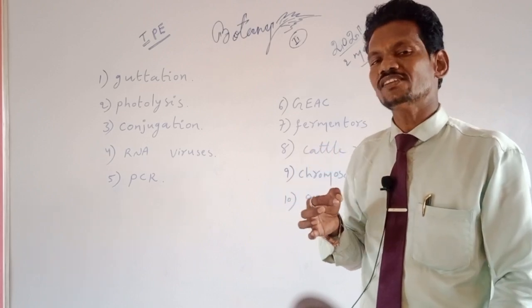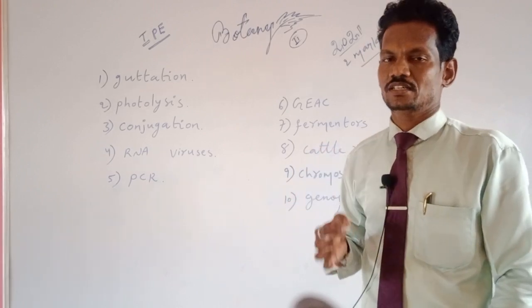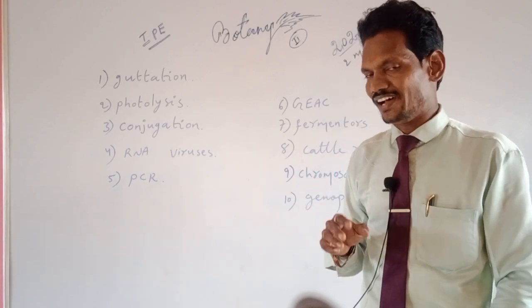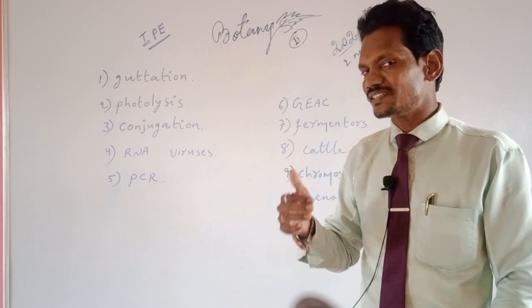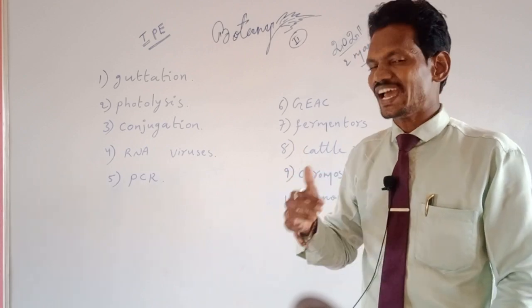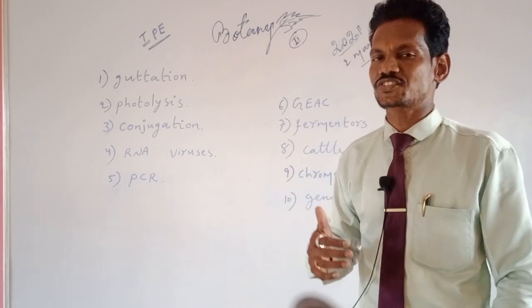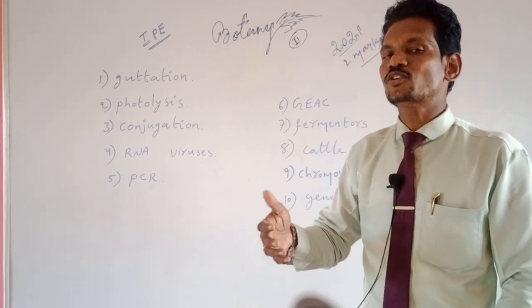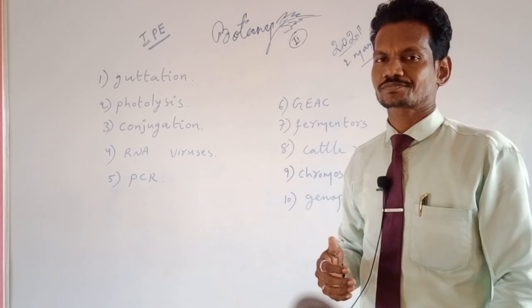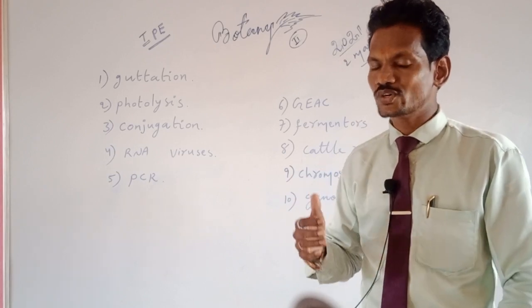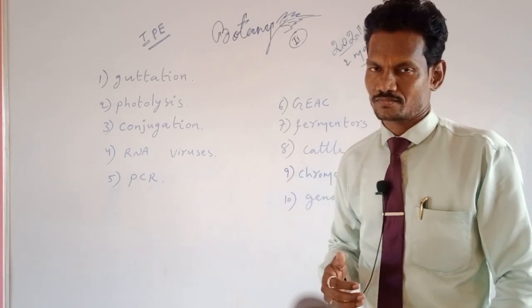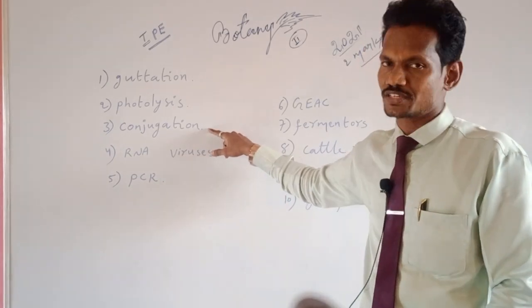That is known as conjugation. This was first discovered by two scientists, Tatum and Lederberg. These scientists discovered this process in E. coli bacterium, Escherichia coli. Short form is E. coli. That is the answer for this question.